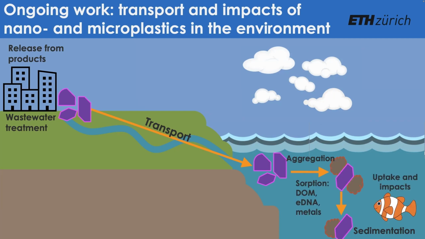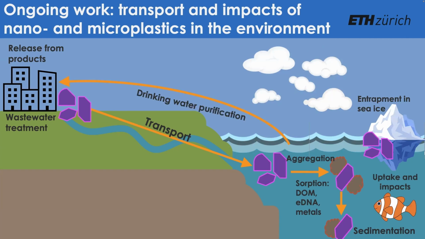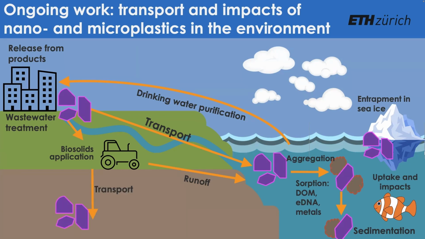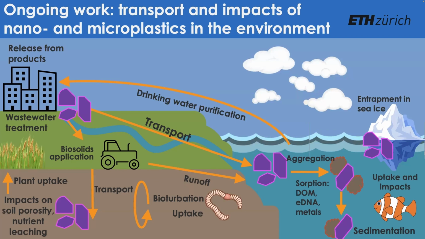We're looking at uptake of plastics into a lot of different aquatic dwelling organisms, drinking water treatment plant purification by using a pilot scale drinking water treatment plant, runoff of microplastics from model agricultural fields, transport through porous media, uptake into plants, and uptake into soil dwelling organisms. So there are still a lot of laboratory ways that you can assess the fate, transport, and biological interactions of microplastics and nanoplastics by using these metal-doped particles.